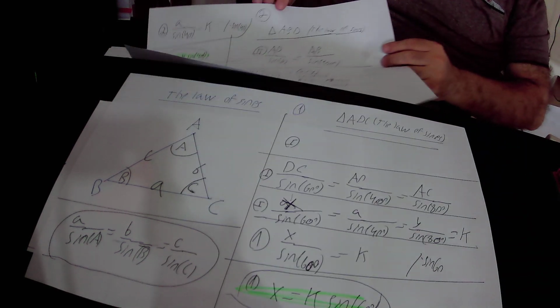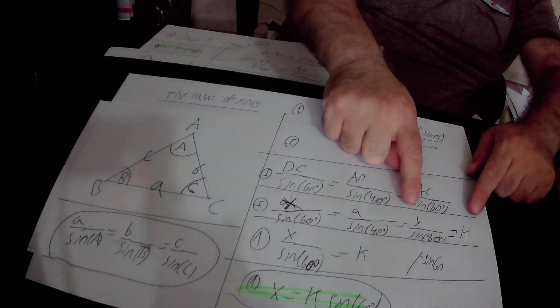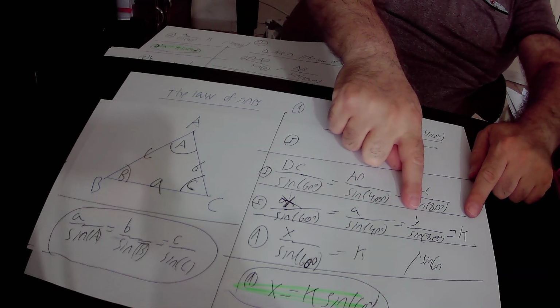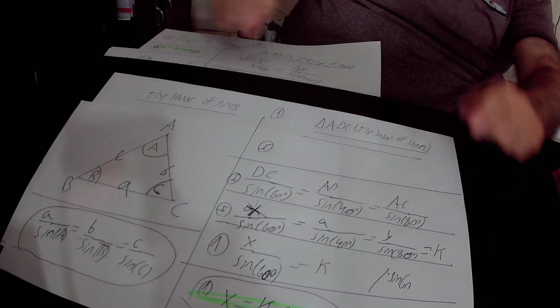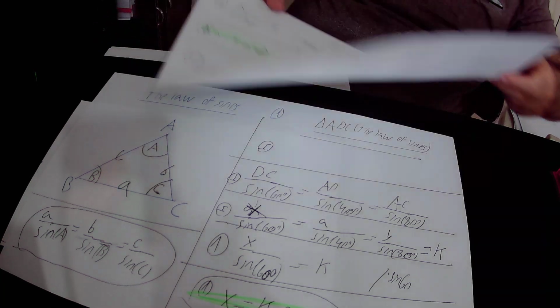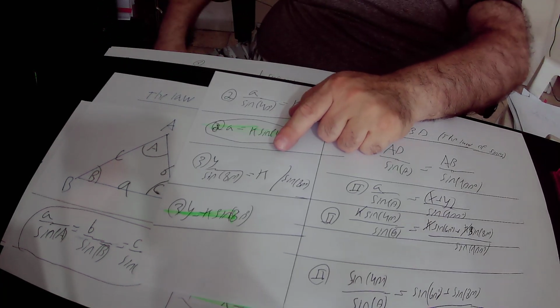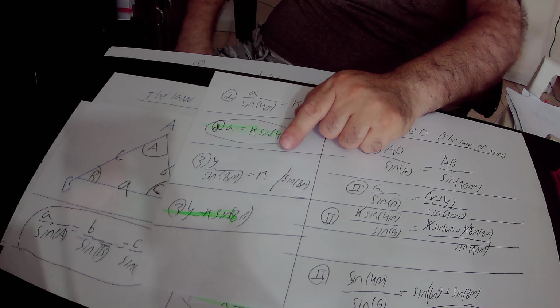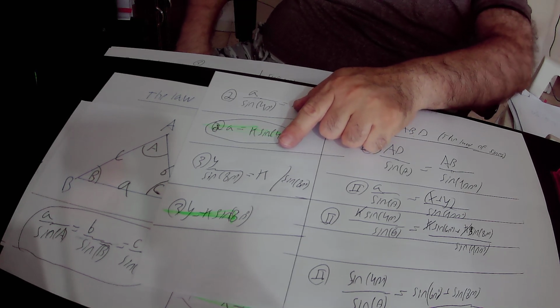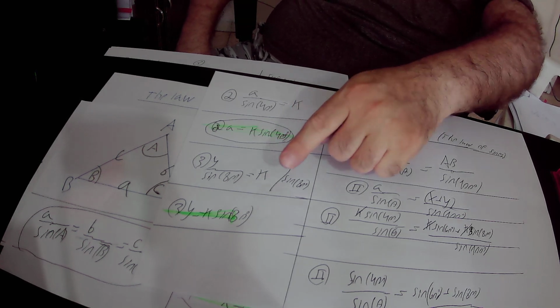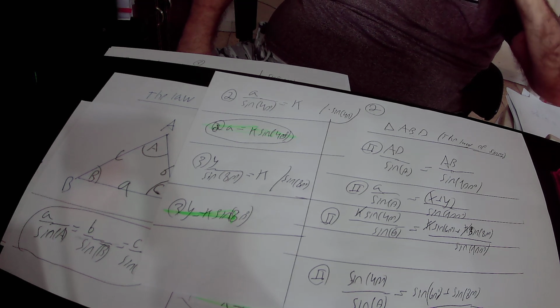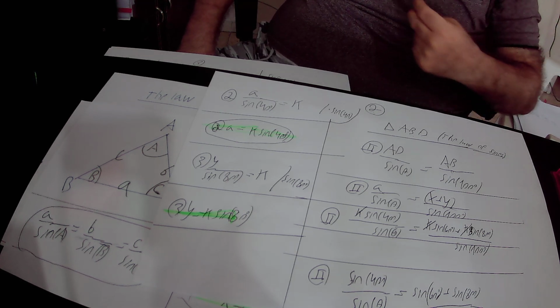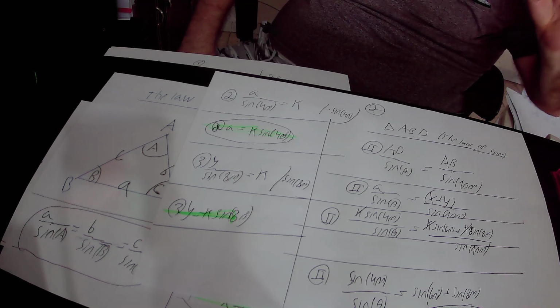And finally, according to equation number 3, y over sine 80 degrees equals K. We multiply by sine 80 degrees and found out that y equals K times sine 80 degrees. So we have expressions for the values of x, y, and A.